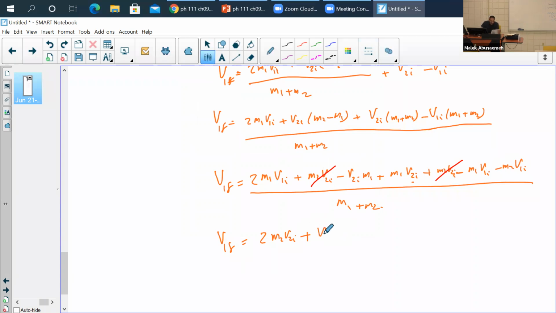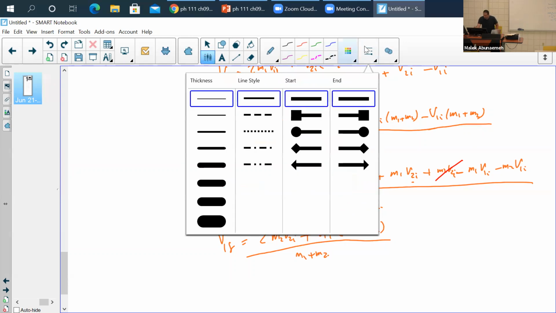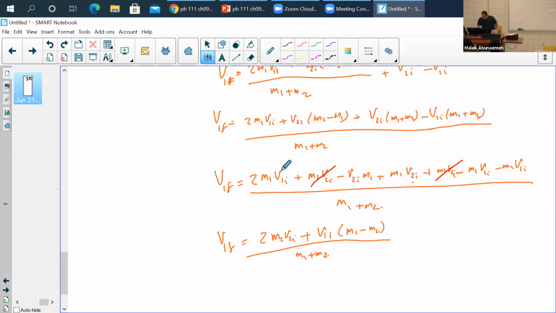So we can actually say your V1I times (M1 minus M2) divided by M1 plus M2.